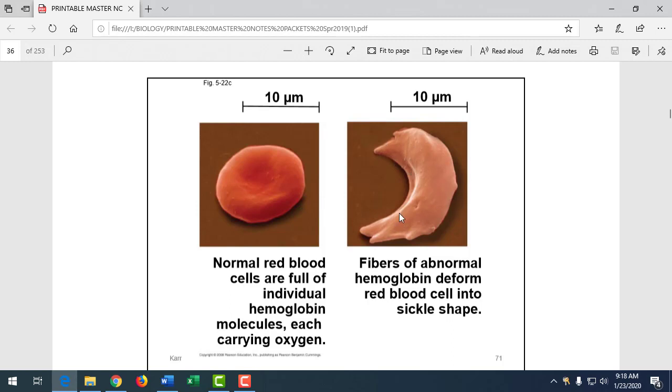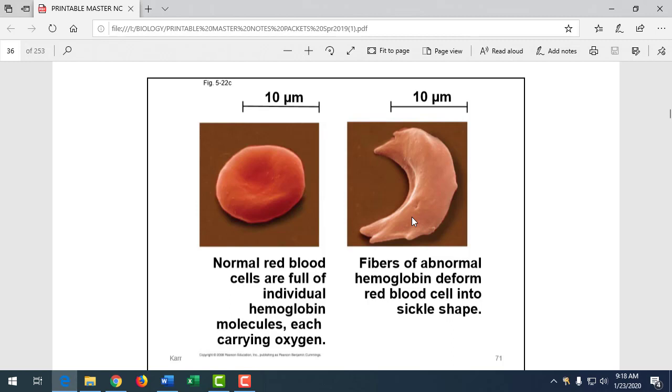As a result, they clump together in the capillaries and cause massive clotting. People with sickle cell anemia have trouble with blood flow, and they have to go to the hospital and get blood transfusions. It's a lifelong disease because of one amino acid that has been replaced in that protein, causing the shape of that hemoglobin molecule to change in low oxygen environments.